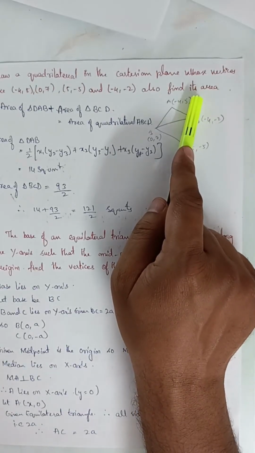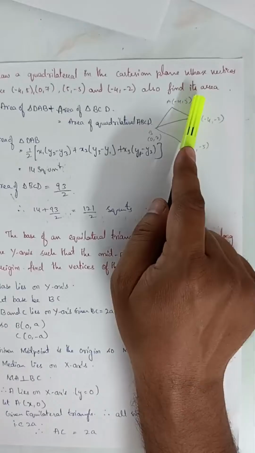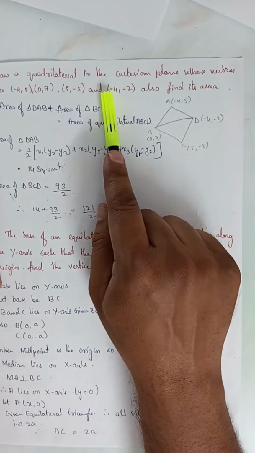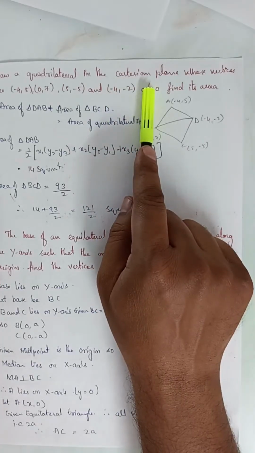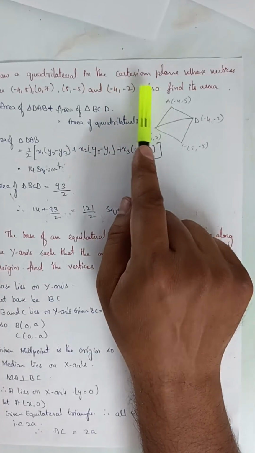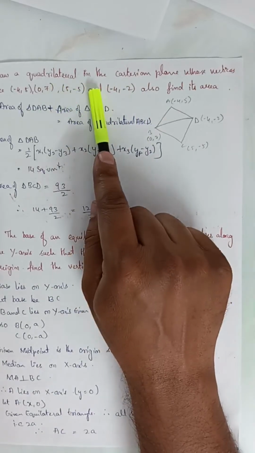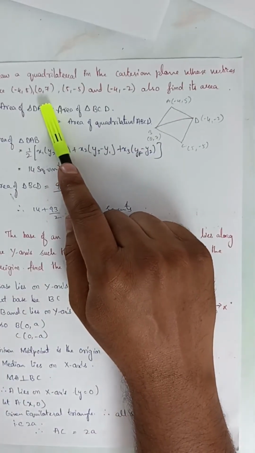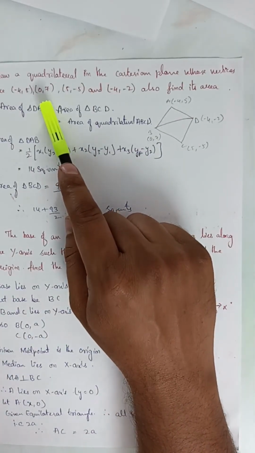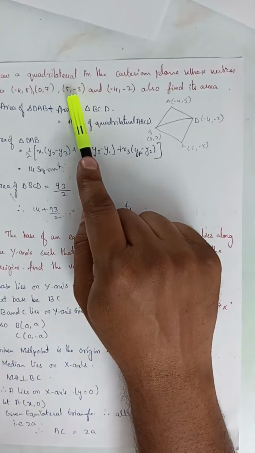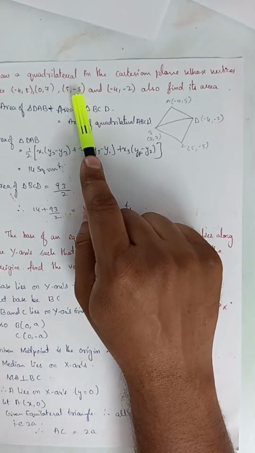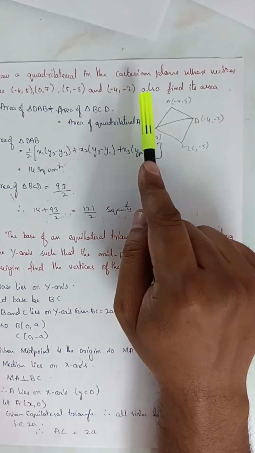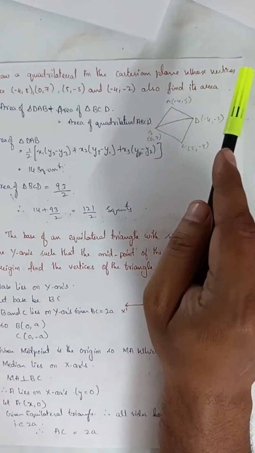So what we have to do is draw a quadrilateral in the Cartesian plane whose vertices are (-4, 5), (0, 7), (5, -5) and (-4, -2), and also find its area.